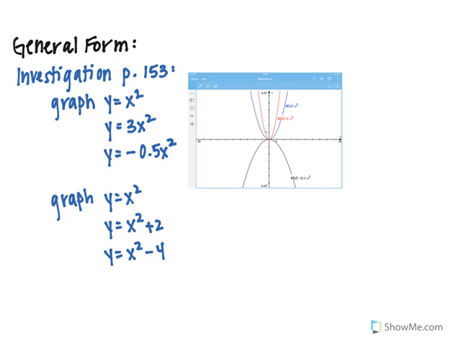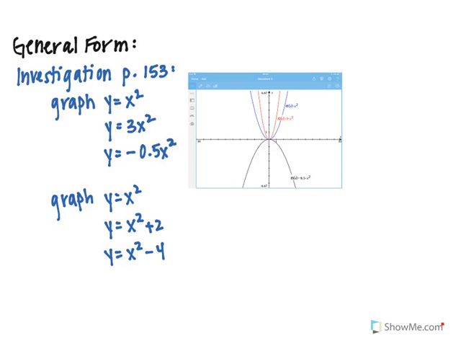Multiplying a number bigger than 1 makes it a lot skinnier. Multiplying a number smaller than 1, if it's negative, it makes the graph go below the x-axis. And if it is a fraction like 0.5, makes our graph wider.